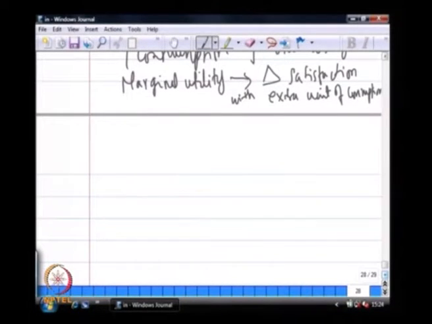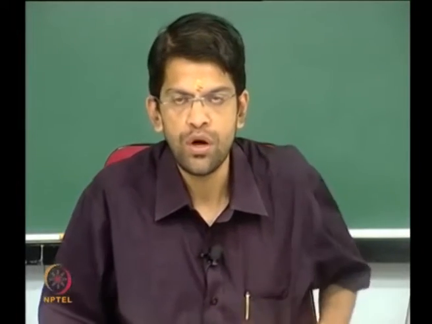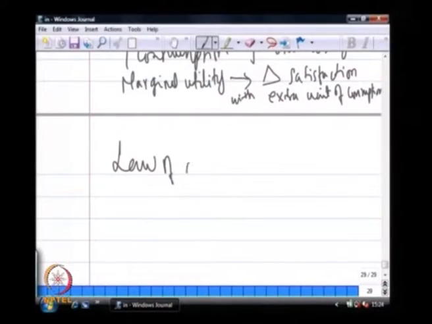Although total utility usually increases as we consume more and more of a particular good or experience more and more of a particular service, the marginal utility usually decreases with each additional unit of consumption. Now, this explains the law of diminishing marginal utility.